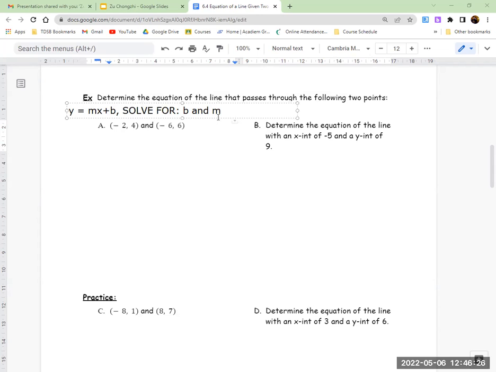Let's do M first because we just did it in the previous example. Your goal is M and B. We're going to do M first, and I hope everyone remembers this because they did so many homework questions. Y over X minus Y over X. 6 minus 4 to -6 plus 2, -4 over 4, simplified, -1/2.